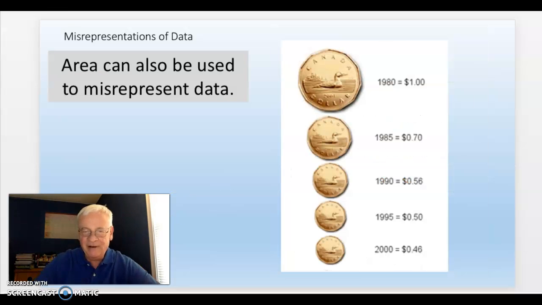All right, sometimes area is used. As an example, this is the exchange rate between the Canadian dollar and the US dollar, 1980. Right here, it's even money. $1 gives you $1. By the year 2000, the exchange rate is less. It's about half. Again, half as tall.